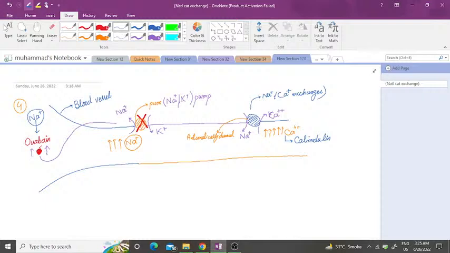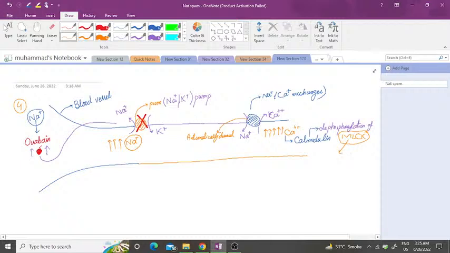This calmodulin then causes the dephosphorylation of MLCK that we have just studied in the previous slide. As we know, when the dephosphorylation of MLCK happens, it becomes activated.